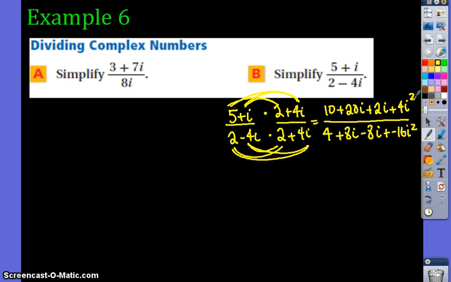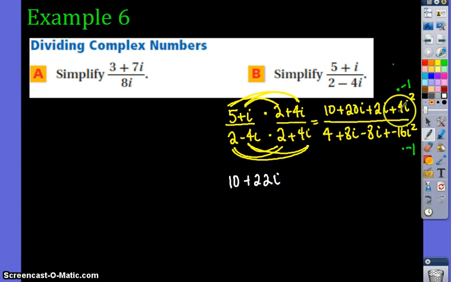All right, now we need to clean this up a little bit. We need to remember that these i squareds are really just times a negative 1. I'm going to go ahead and do that step first. So we still have 10 plus 20i. Well, we can go ahead and combine. That's 22i.